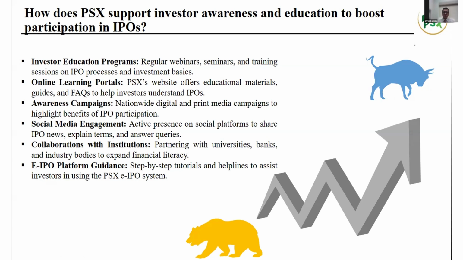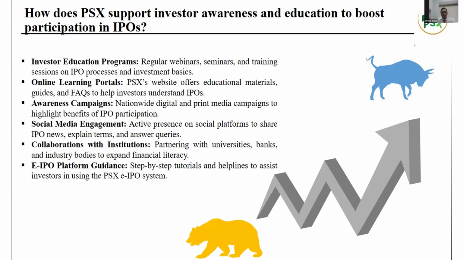We run awareness campaigns, and we obviously use the social media platforms, which are the favorite of the youngsters, because more than 60% of our population is under 30. So reaching out to them matters a lot.